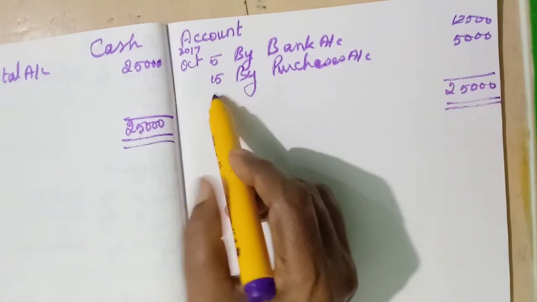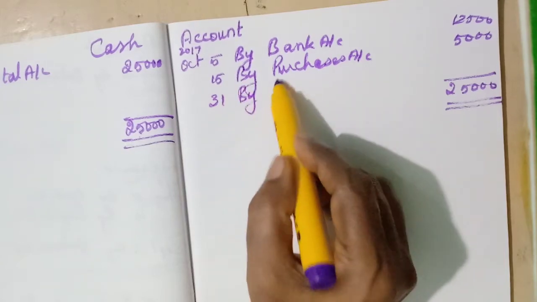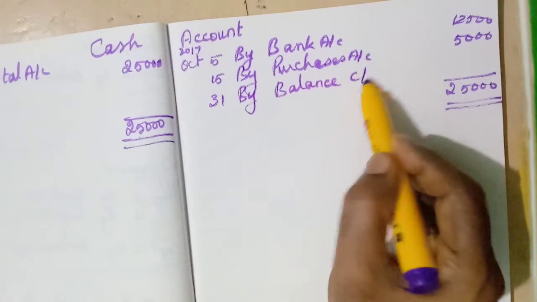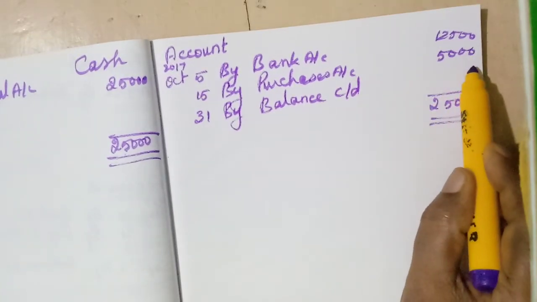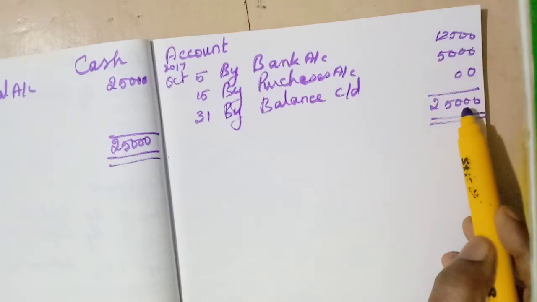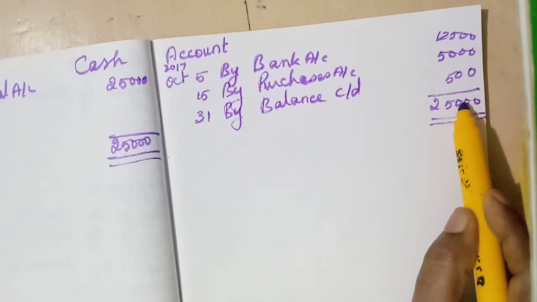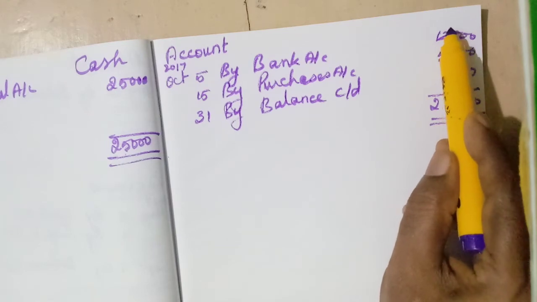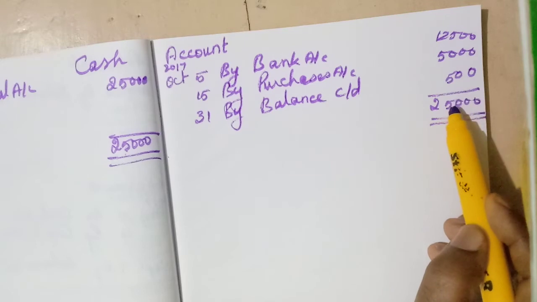Now you write the last date October 31 by balance carried down. Okay, carried down. Now you add and write. Okay, here 0, 0, third digit 5 is there, 0. So if you add 5, we will get 10. For 10, we will write 0. The balance 1, isn't it? 1 plus 2, 3, 3 plus 5, 8. We need to get 5.